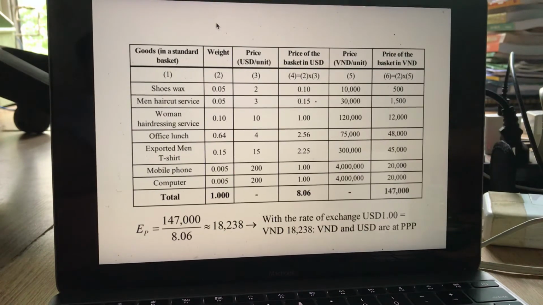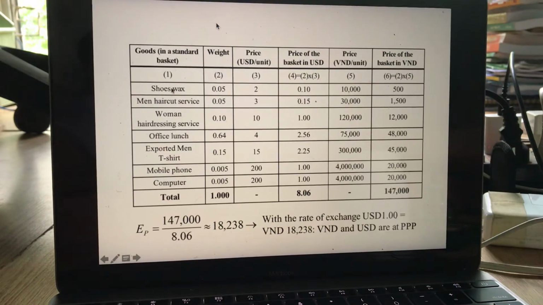So we decide what kind of goods should be included in the standard basket. We assign the weight of them.